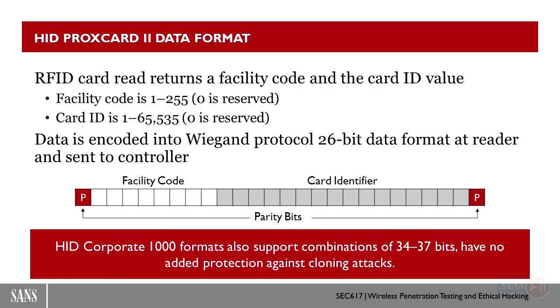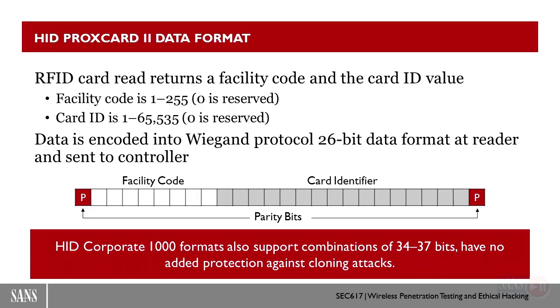Some of the updated versions, HID Corporate 1000, support longer packets and require 2 Wiegand packets, but don't add any additional cloning security. It's just longer strings of data. They can have more unique card identifiers and more facility codes by length.